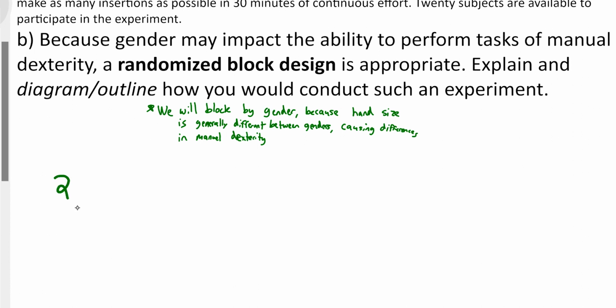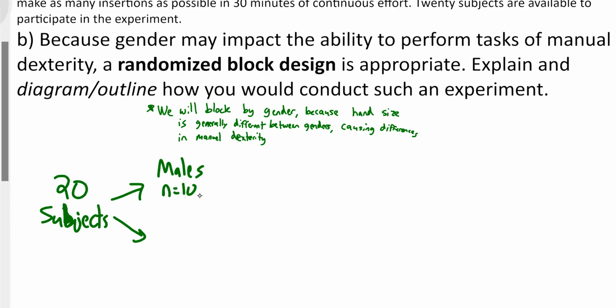So I have 20 subjects. Didn't say much else about it, where they're coming from. These are just 20 subjects. Now, before I do any randomization, I need to decide what my blocks are. And I'm going to divide these up by males and females. We've got 10 of each.